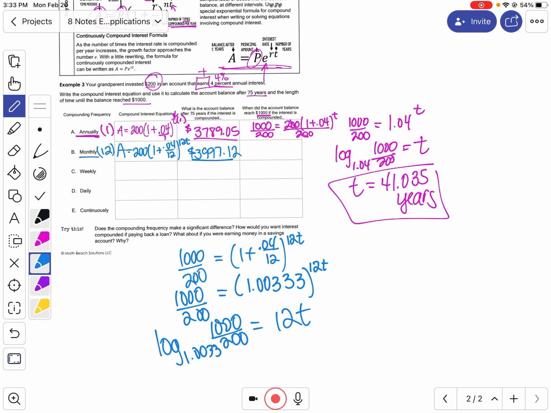So I'm going to take the log base 1.0033 of 1,000 over 200, and then I'm dividing that by 12. Once I get that answer, make sure you divide it by 12 here. So I'm plugging this into the calculator, dividing it by 12. You should get 40.303 years here.